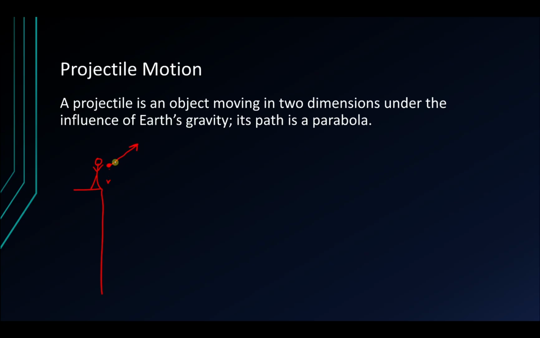So this object is going to trace out a path that's in the shape of a parabola. So this object is not only moving in the x direction, it is also going to be moving in the y direction. So we have to figure out how to represent this, how to determine the velocity and acceleration.